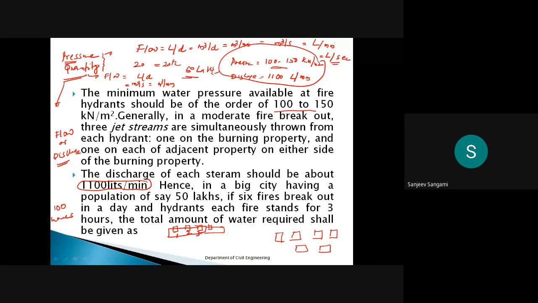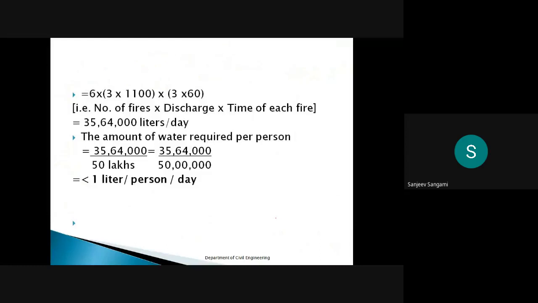Then how can this be calculated? The first one, we already recorded how many fires are happening. The number of fires is six, meaning six houses have caught fire.